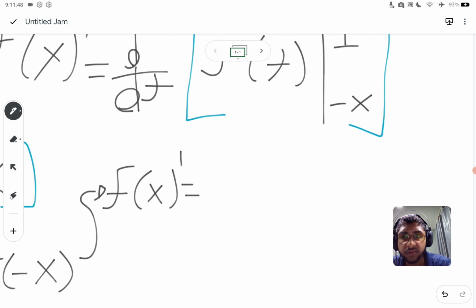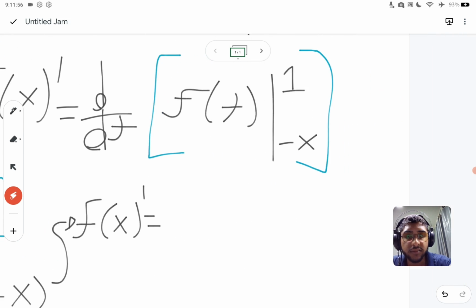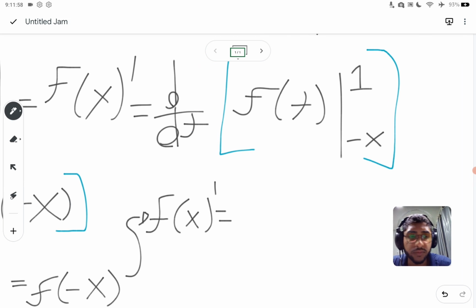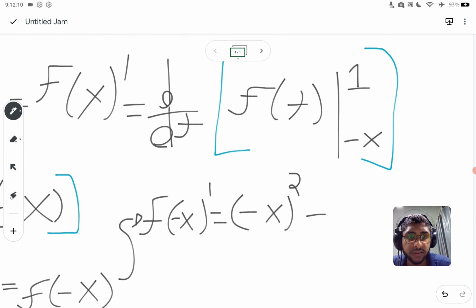Okay, and what we can do is the t here, if you remember, t is squared, right? Let's put it here, but with x now, and this is going to be minus x, right? Minus x squared minus 2t.